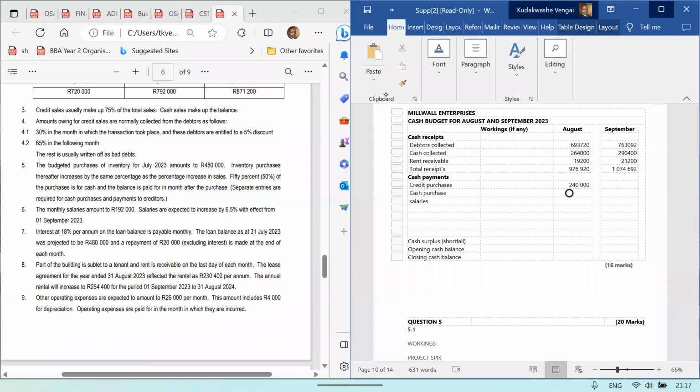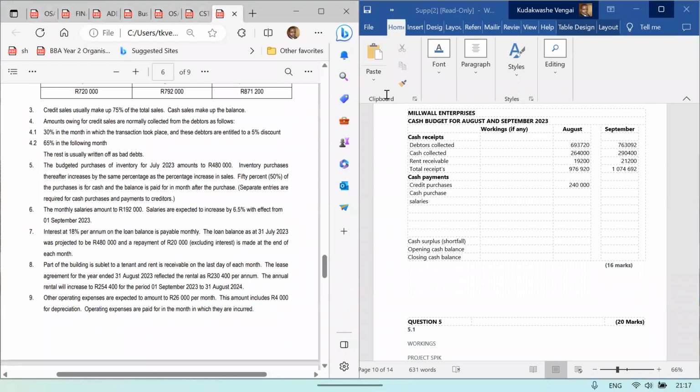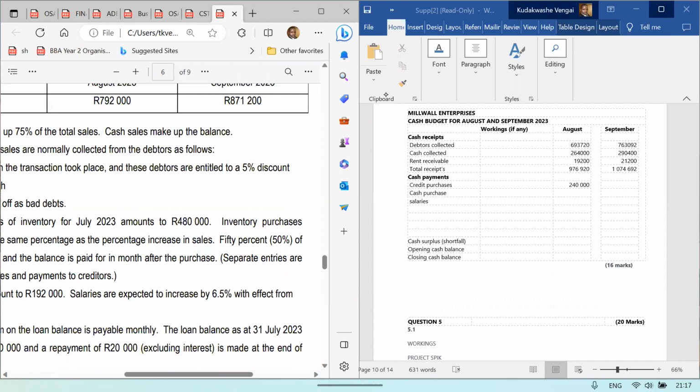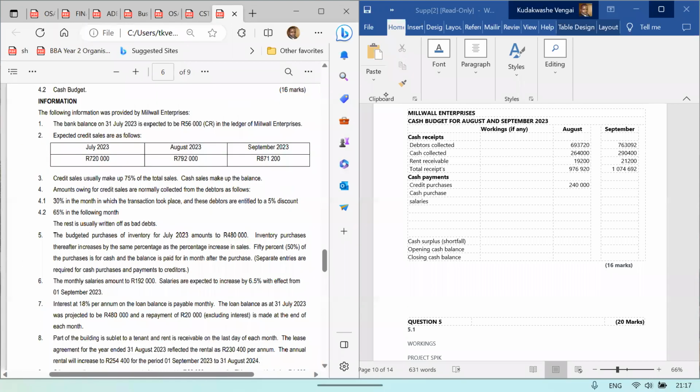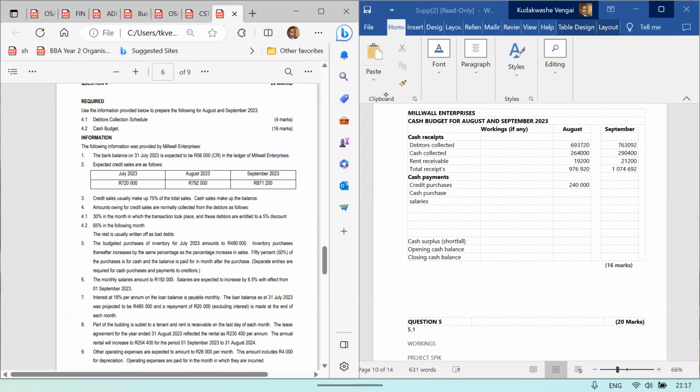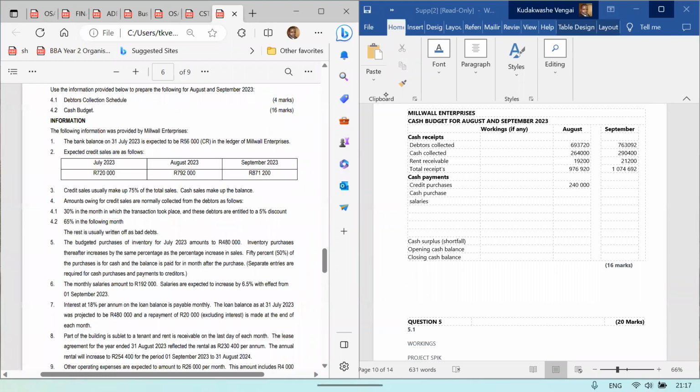So I want to focus on this statement here, the percentage of sales method, which says inventory purchases thereafter increase by the same percentage as the percentage increase in sales.